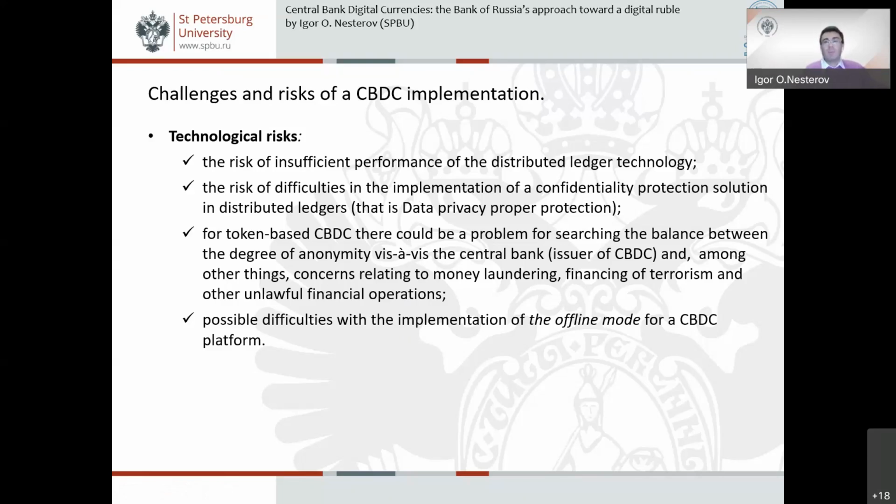There could be a problem in finding the balance between the degree of anonymity and concern related to unlawful financial operations and misuse of money.